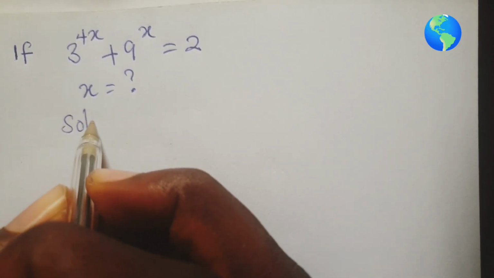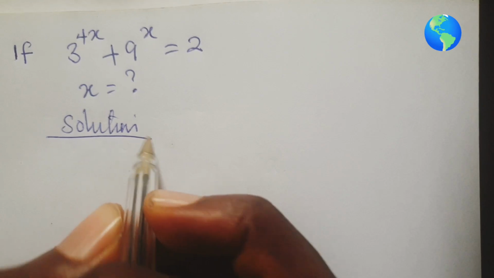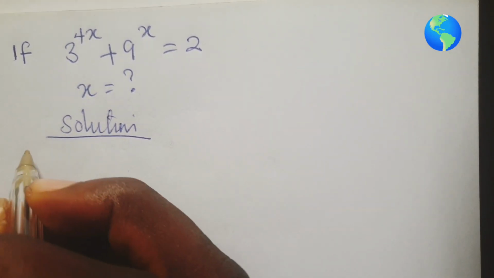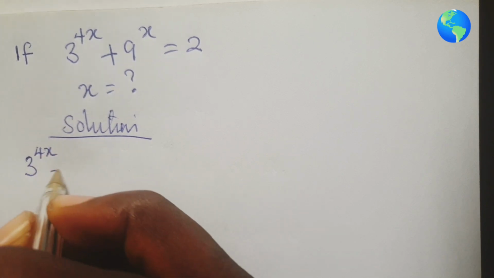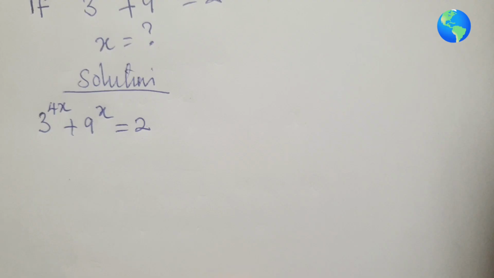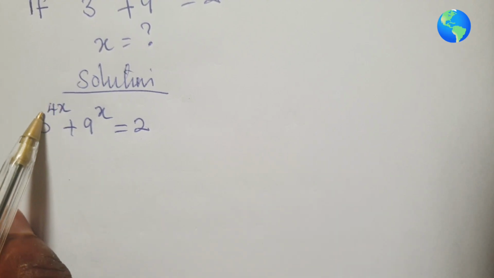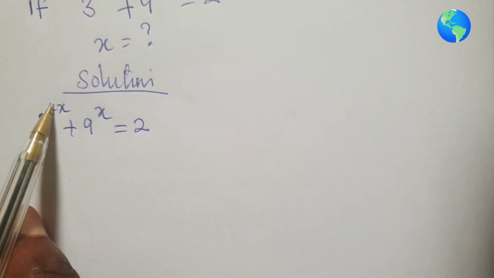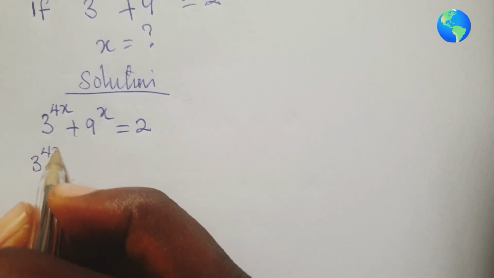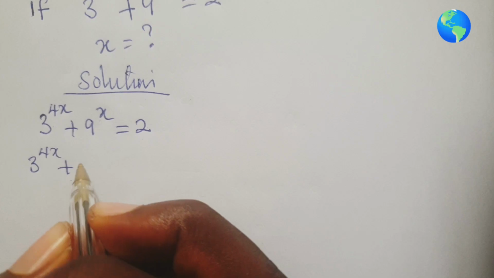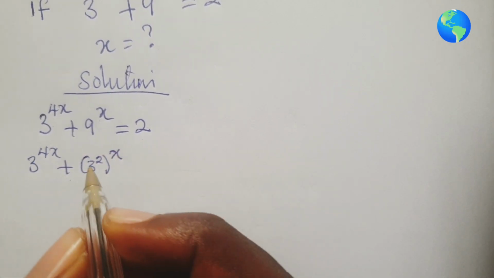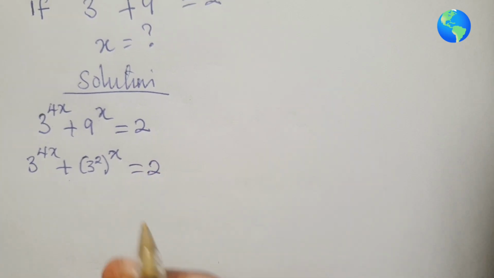The first thing we'll do is a few manipulations. Let me rewrite this: 3 to the power 4x plus 9 to the power x is equal to 2, right? For this particular part, 3 power 2 is 9, so we have 3 power 4x plus 9 power x equals 2.